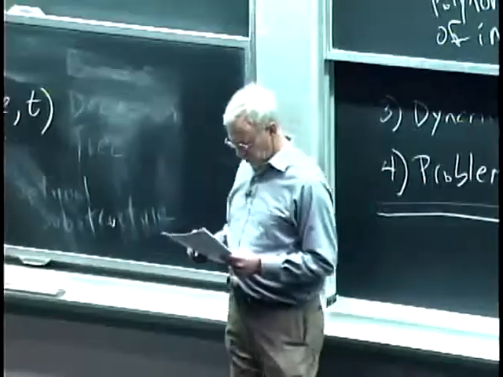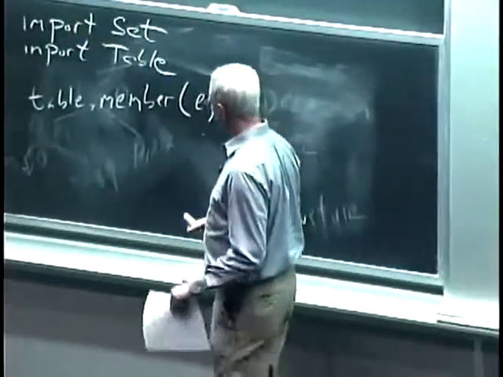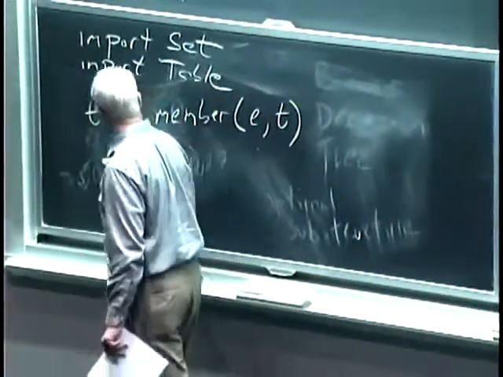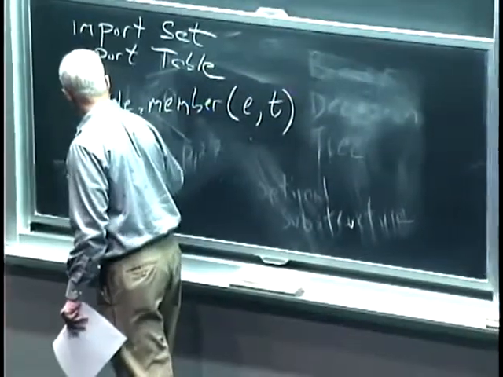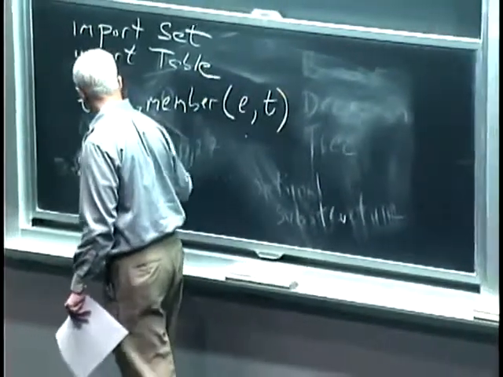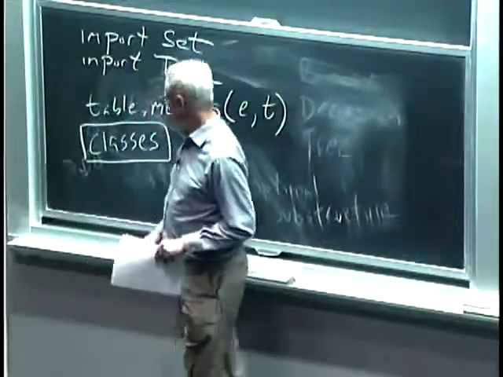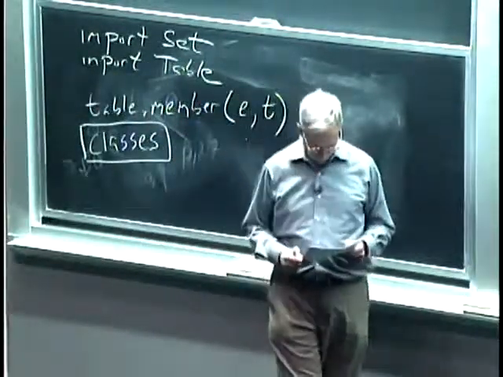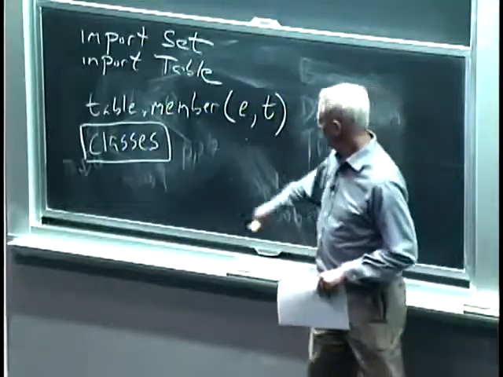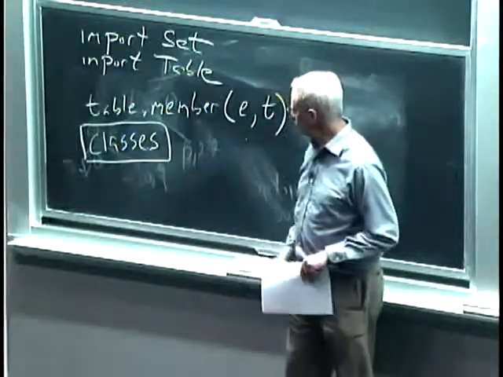I now want to talk about a particular kind of module, and those are the modules that include classes, or that are classes. This is a very important concept, as we'll see.